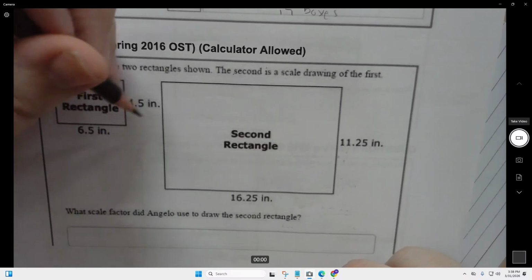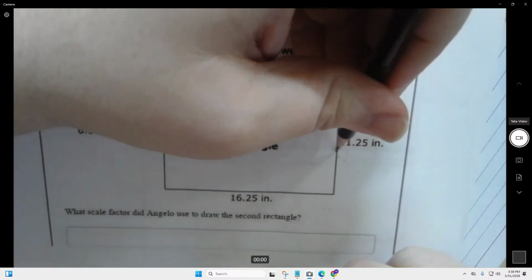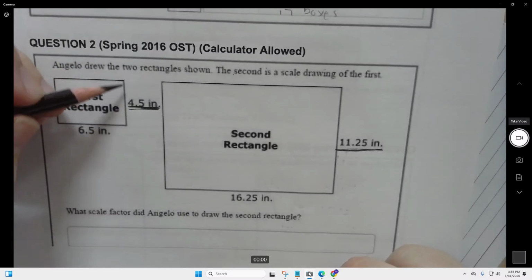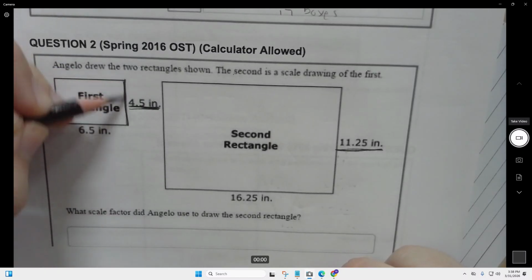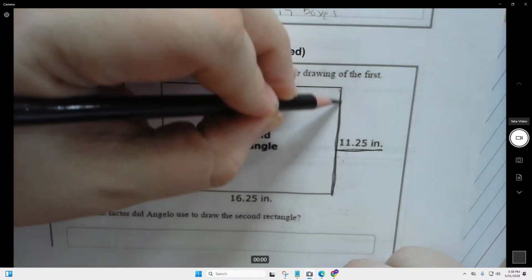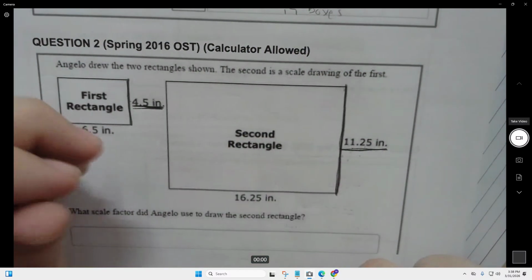Okay, so here's how you do scale factor. You need to analyze your 2 sides, and it needs to be the same side. This is the right side of the first rectangle. This is the right side of the second rectangle. So this forms a ratio with this.